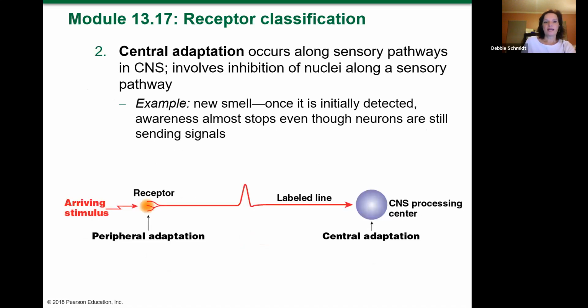We also have central adaptation. It happens in the central nervous system, and it inhibits nuclei along a sensory pathway. What that means is the brain is basically like, okay, I get it. I've heard this song before, and let me know when things change again. Here, a smell: you put on some perfume, and it smells good.